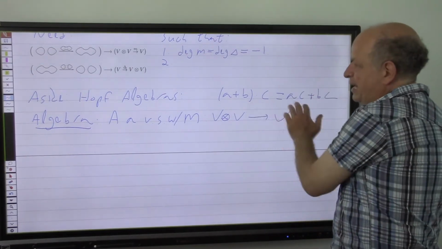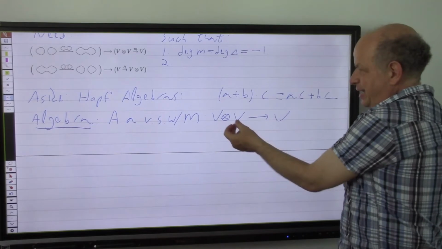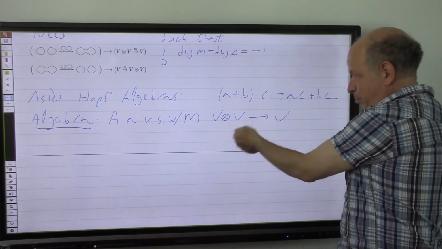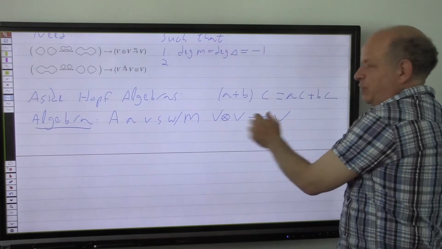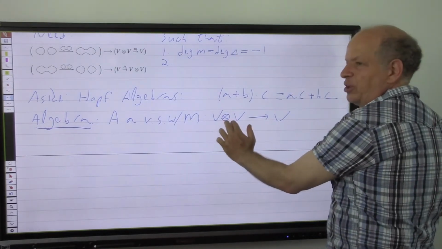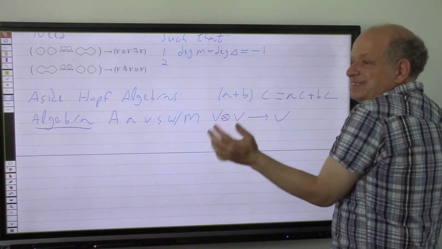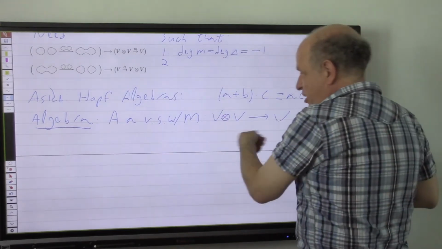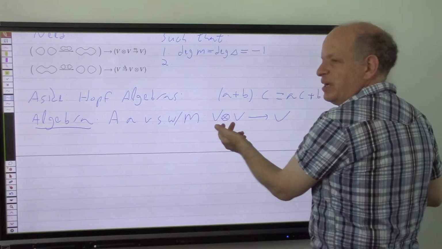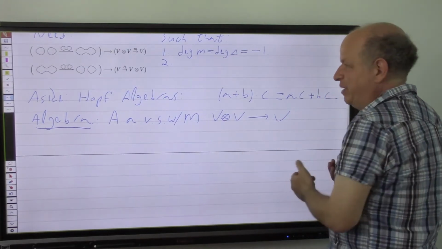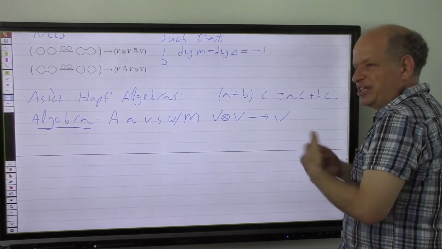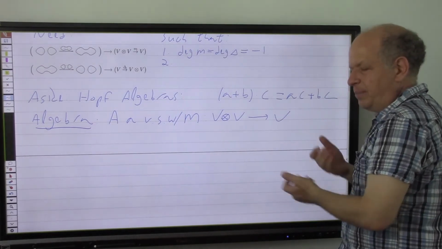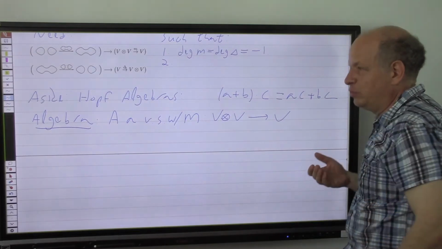But to be linear in both inputs is encoded in the fact that it's a map from the tensor product into V. The fact that I'm using the tensor product and not just the set theoretic product encodes the fact that this is a distributive multiplication. But I still have to explain what it means to be associative and what it means to be commutative.